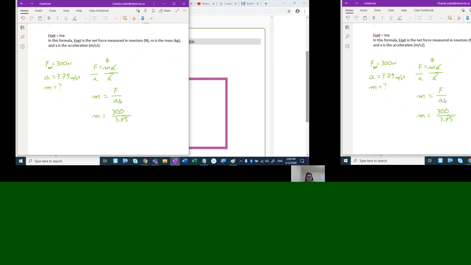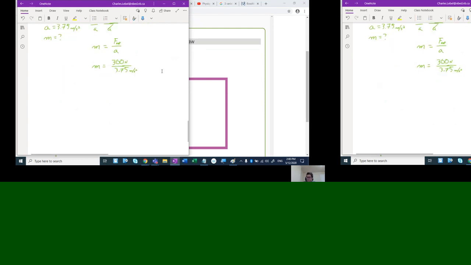Teachers will ask you to do different things here, like write net, write units. I just find some of that confusing and unnecessary. But if your teacher is asking you, you should be doing it.